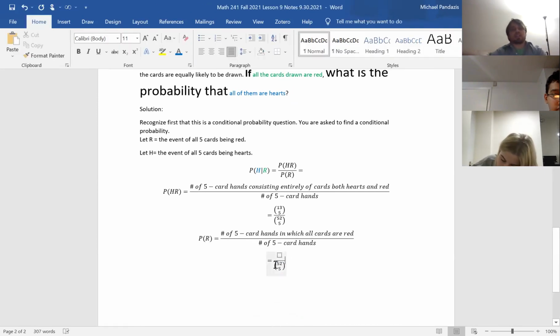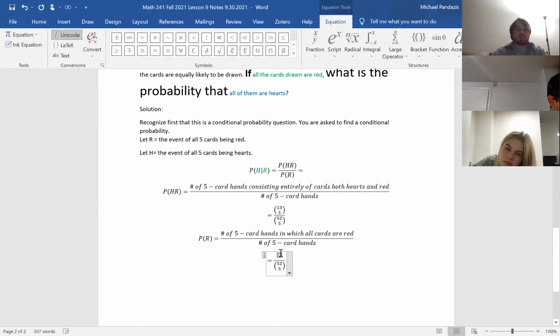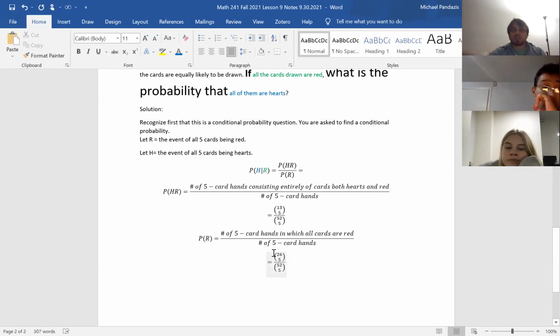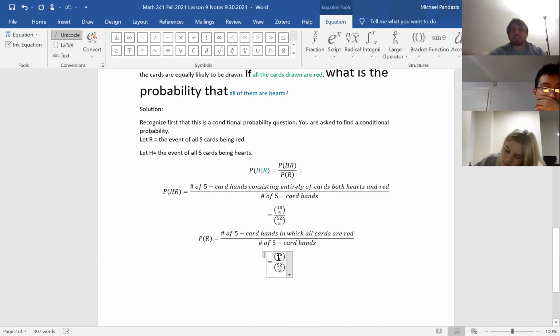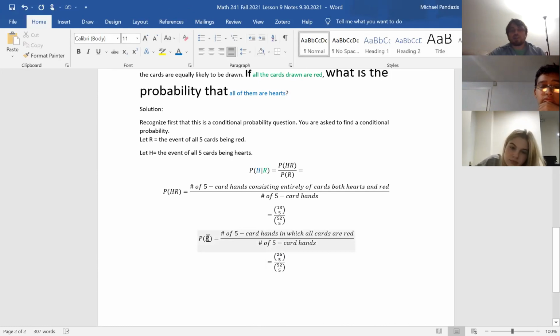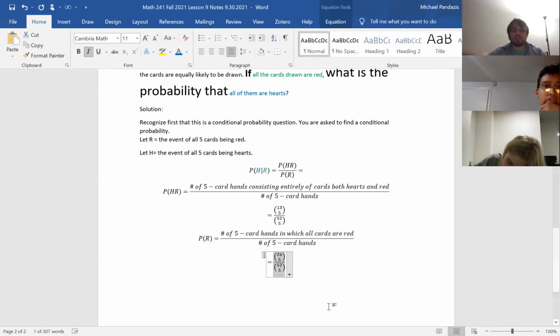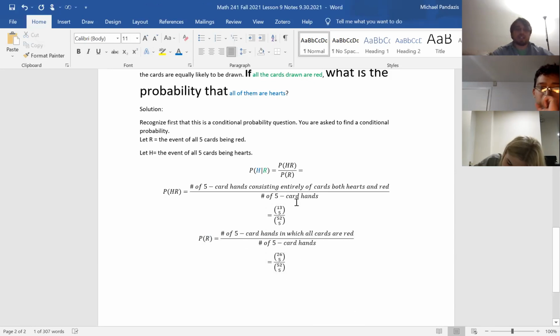The numerator is the number of 5-card hands in which all cards are red. So you start with all 52 cards on the table, get rid of all the black cards, and you're left with 26 red cards. Of those 26 red cards, you want to choose 5 for your 5-card hand consisting entirely of red cards. So there's 26 choose 5 ways to do that, and that's the numerator. So the probability of a 5-card hand where all the cards are red is 26 choose 5 divided by 52 choose 5.